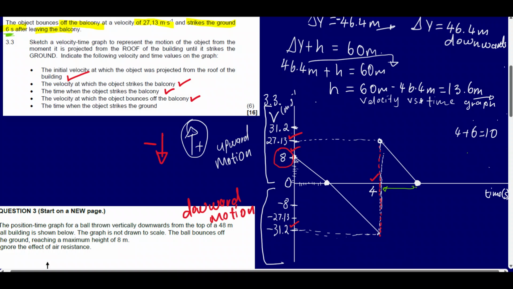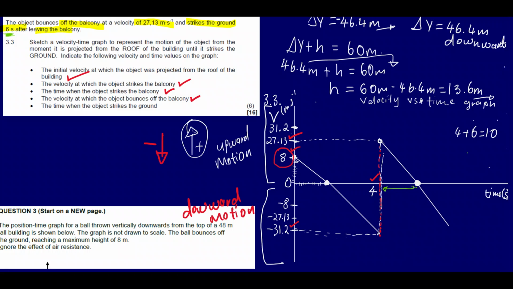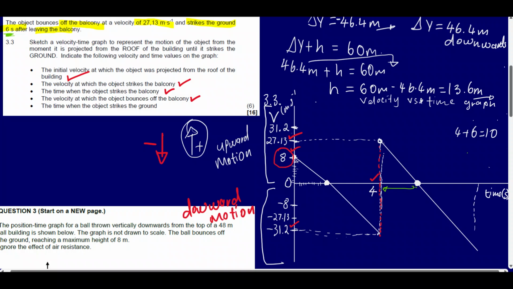Sorry about that. It's not supposed to be exactly at that point, because this is the maximum height time. So we should just show the downward motion once again, and we don't know where the graph is going to hit, but it's just going to look like that. Then this time here is the time we should include, which is 10 seconds.